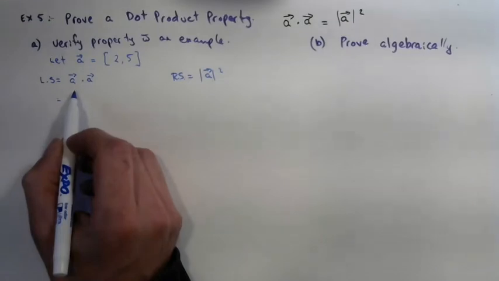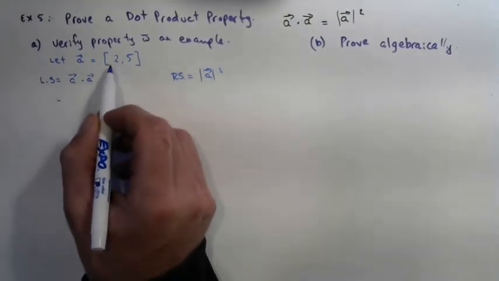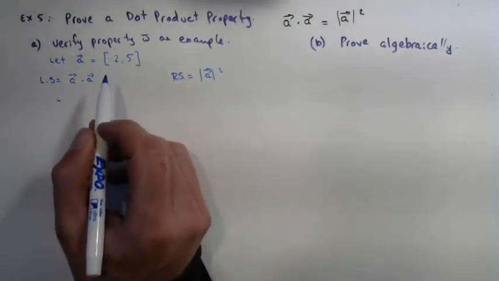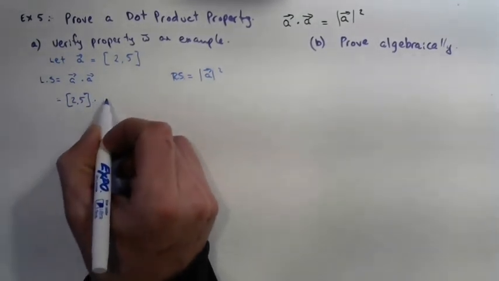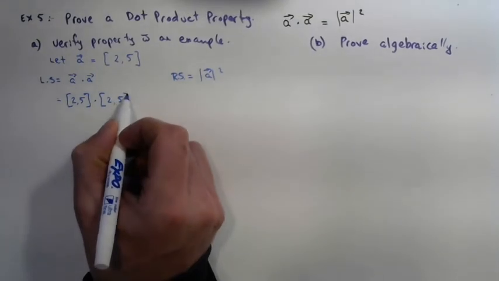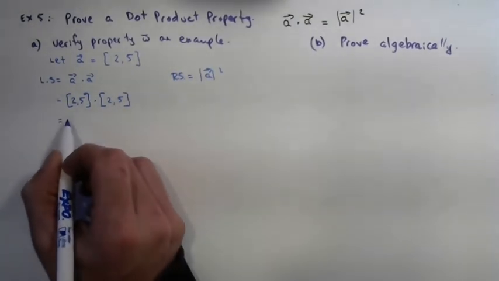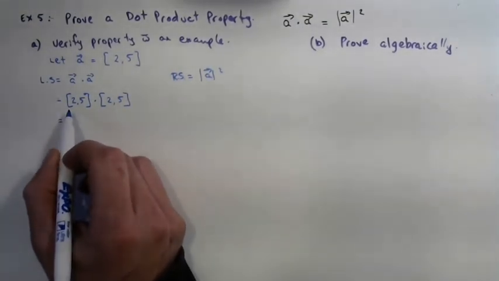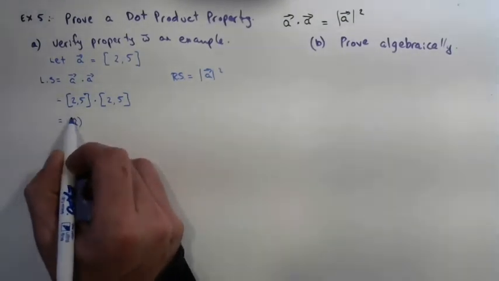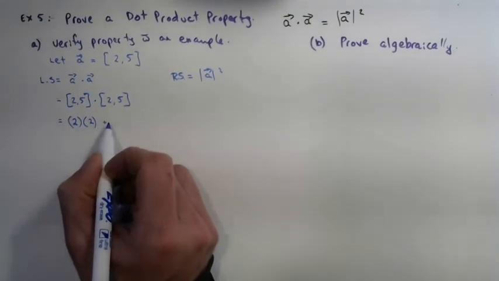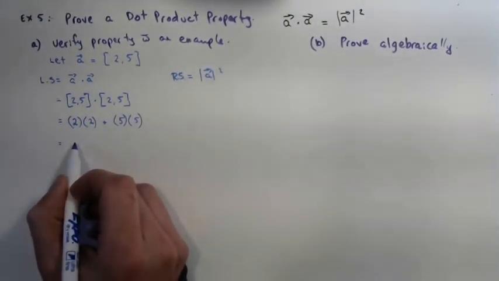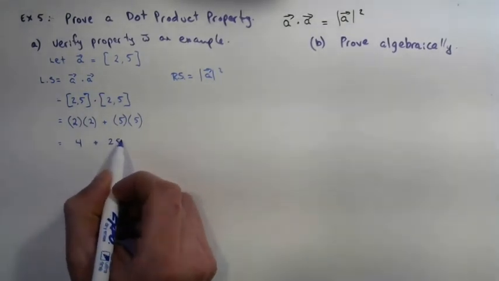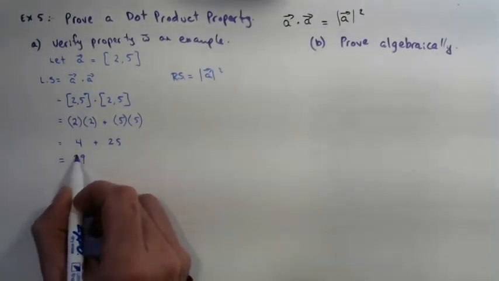So let's perform the dot product as we would typically with vector 2, 5 and vector 2, 5. What do we do here? According to Cartesian vector dot product properties, we're just going to take the first times the first plus second times the second. We end up with 4 plus 25 equals 29.